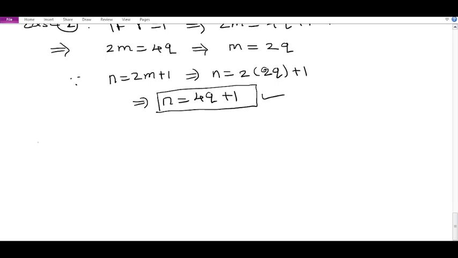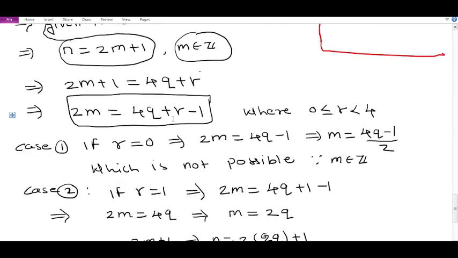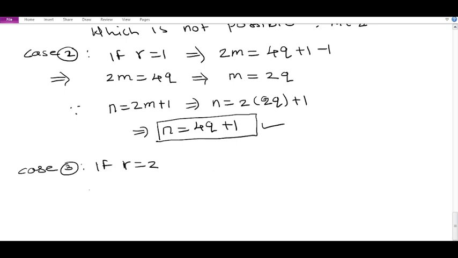case number 3. If r is equal to 2, then putting r equal to 2 in this equation, 2m is equal to 4q plus 2 minus 1.